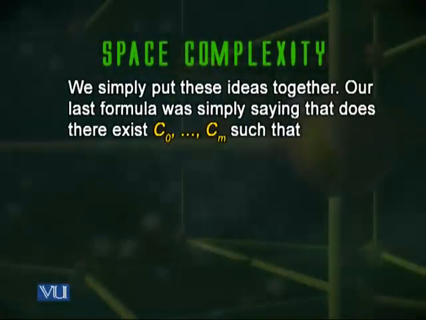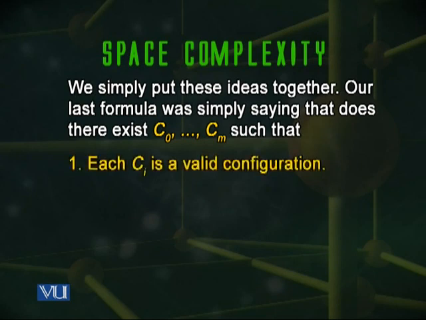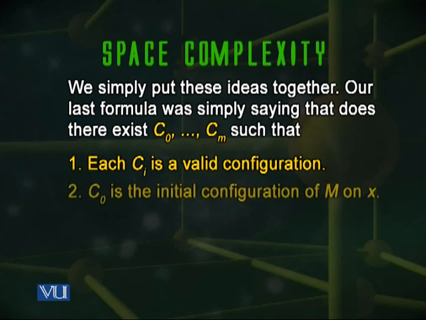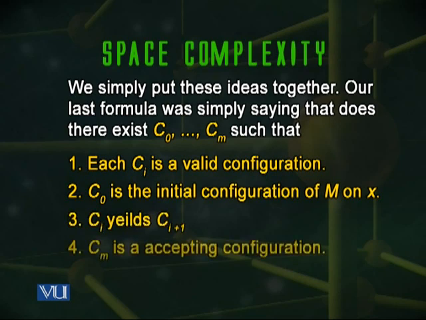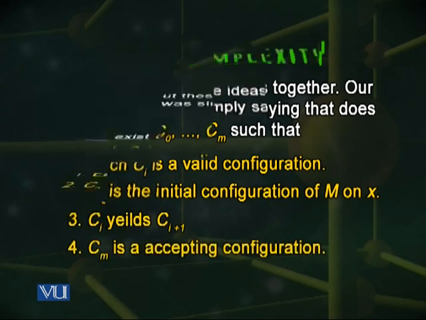Now what did we do? We simply put these ideas together. Our last formula in the Cook-Levin theorem was simply saying, does there exist a configuration C0 all the way up to Cm such that each Ci is a valid configuration, C0 is the initial configuration of M on X, Ci yields Ci+1, and Cm is an accepting configuration.